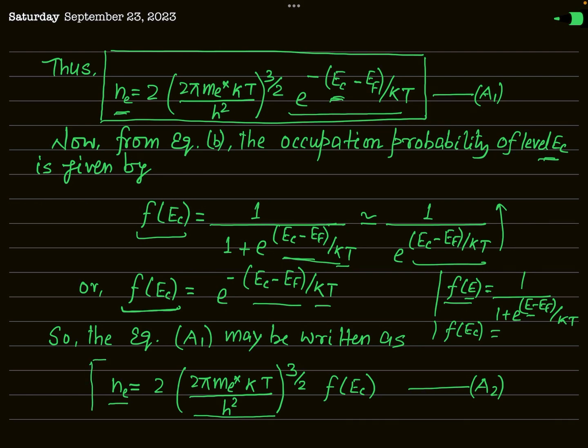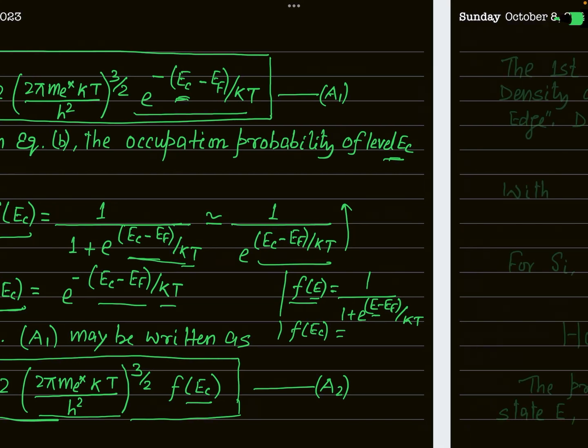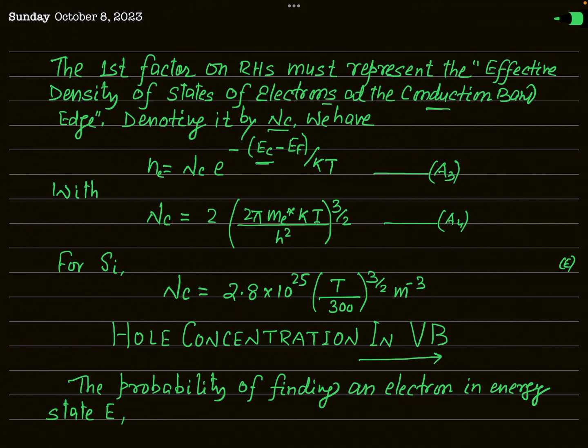This is the electron concentration in the conduction band, defined in terms of F of EC. Actually, this F of EC is the occupation probability at the energy EC.